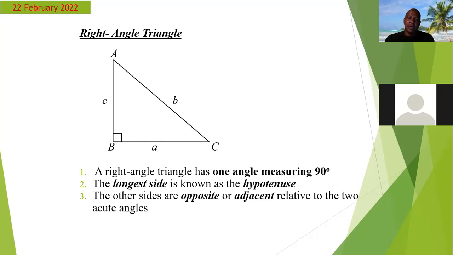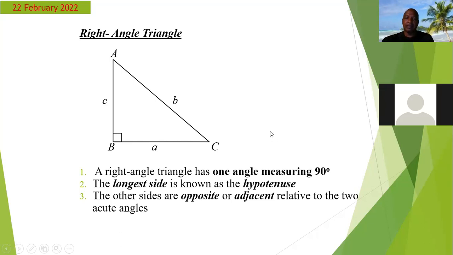And since the only angle that the hypotenuse is opposite to is a 90-degree angle, we have that special name for it, and then refer to the other two sides as either opposite or adjacent in relation to the other non-right angles that we are dealing with. Okay, so that is the standard of how we actually refer to these sides.